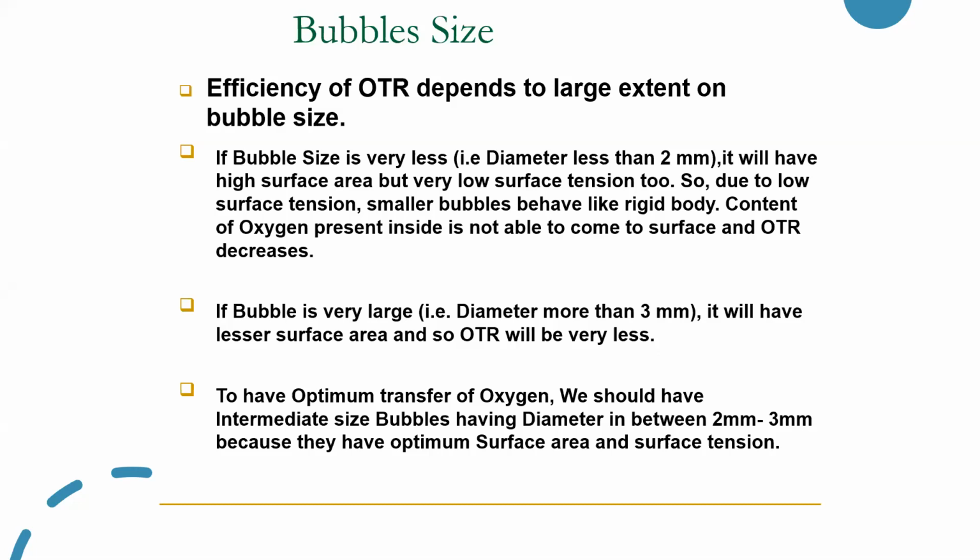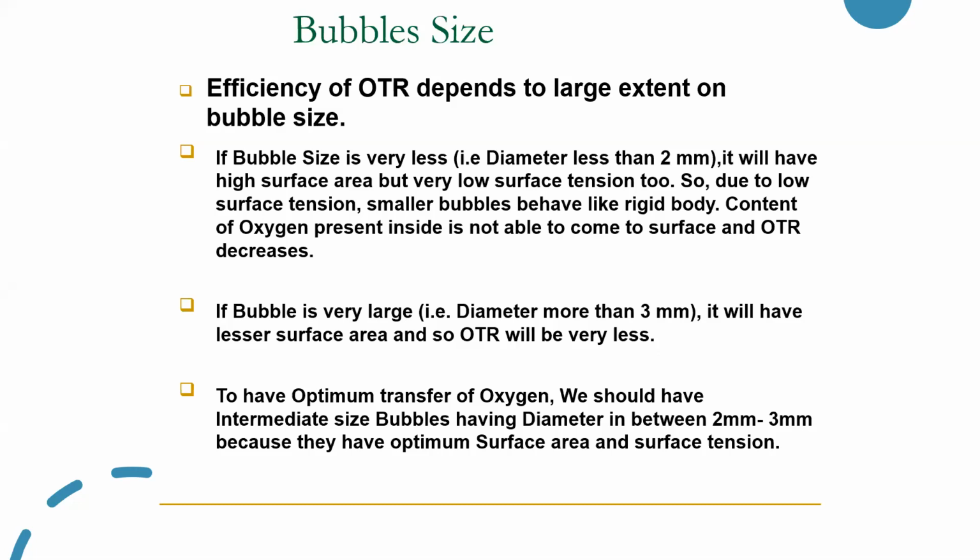So it's best to go for an intermediate size bubble, having the diameter between 2 millimeter to 3 millimeter, because it will have high surface area as well as good surface tension. It will not behave as a rigid body. It will allow all the oxygen present inside the bubble to come to the surface, in contrast to a very small bubble which was behaving like a rigid body and not allowing the oxygen to diffuse from the center to the surface.